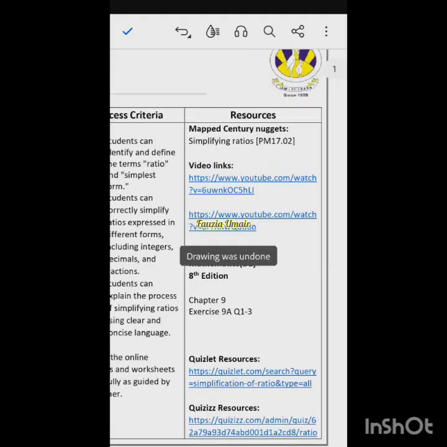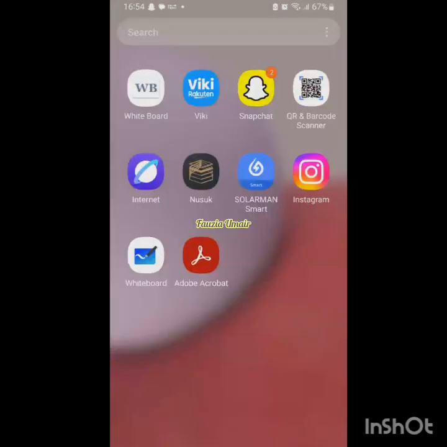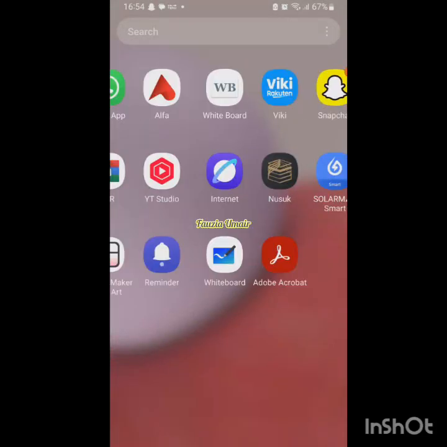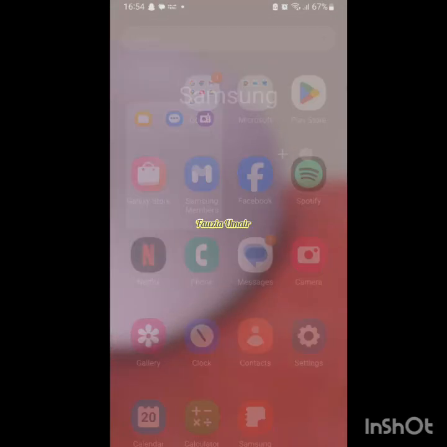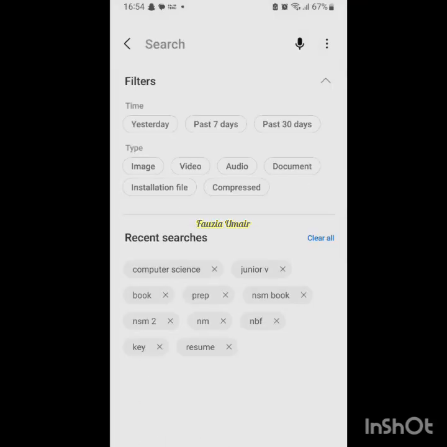So this is basically NSM 1, 8th edition, chapter 9. Okay. So just give me a minute. Let me open this book, chapter 9, exercise 9A. Right. Just give me a minute. Are you having the book with you? Yes.